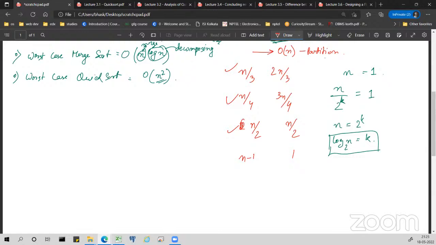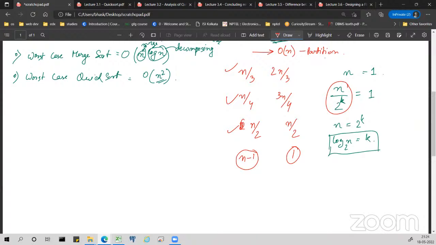So in that case, the left hand side sub part of the array would be of length n-1 and the right hand side would be of length 1. In this situation, I am not getting this divided by 2 or divided by any constant factor, right? It is actually getting subtracted by 1 in each call. n-1, then again n-1, just the worst case that I just showed you. Every time it would be 1 lesser, 1 lesser, 1 lesser.